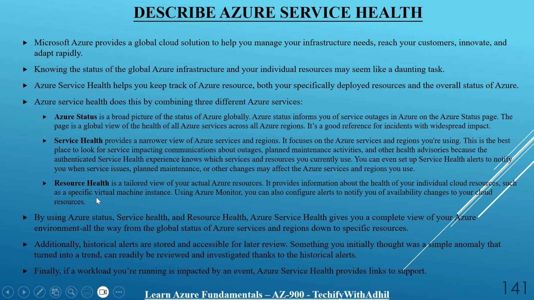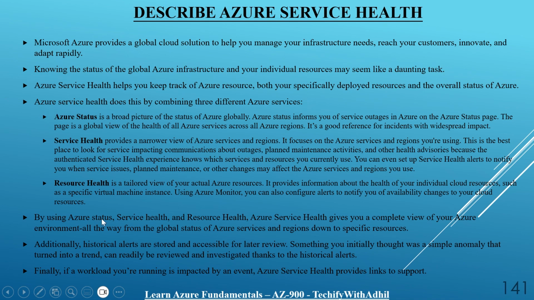This is for our actual Azure resources. So globally, outage status and Azure services and the regions where our data center is, and finally the resource health of our Azure resources. This is altogether combined and can be seen in Azure Service Health.